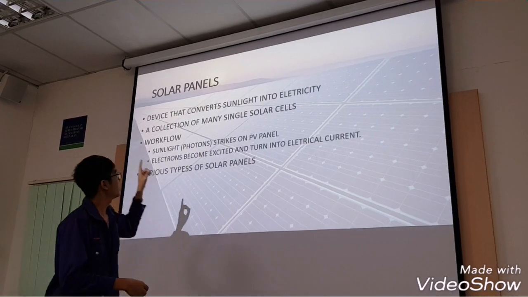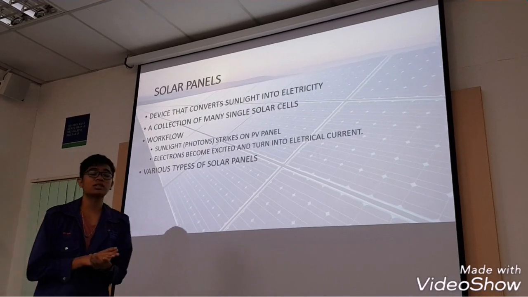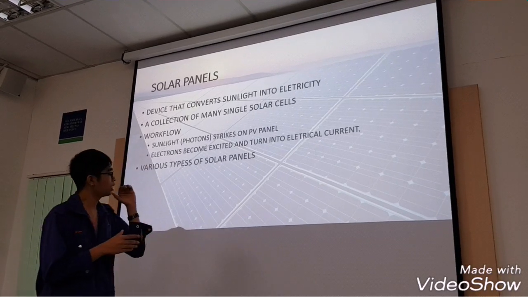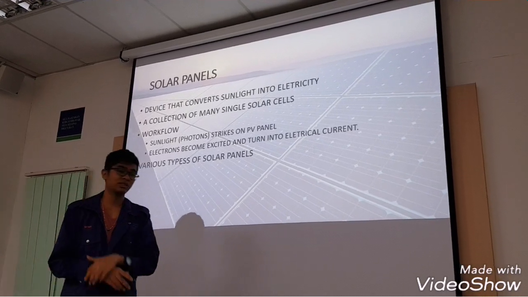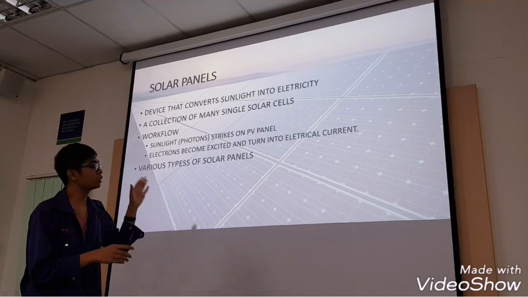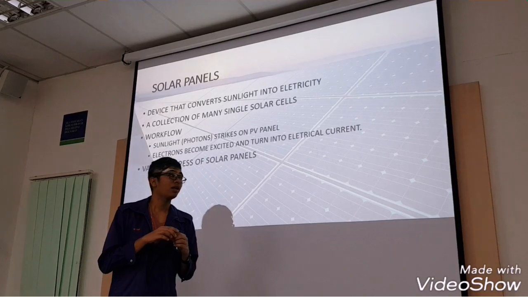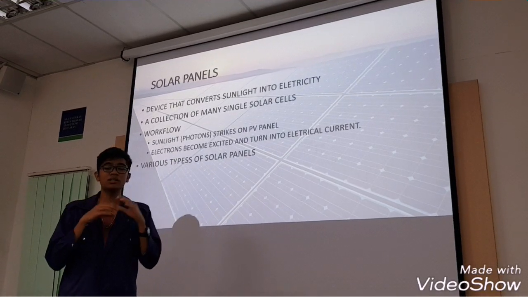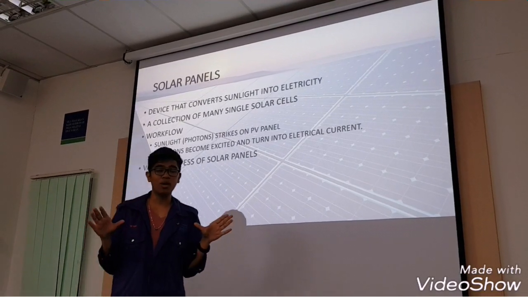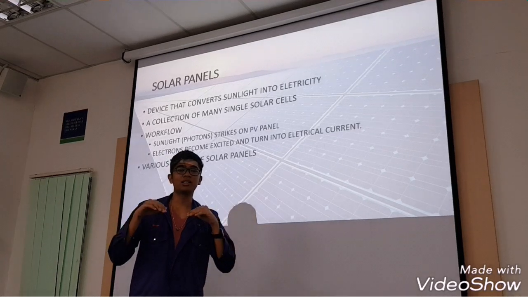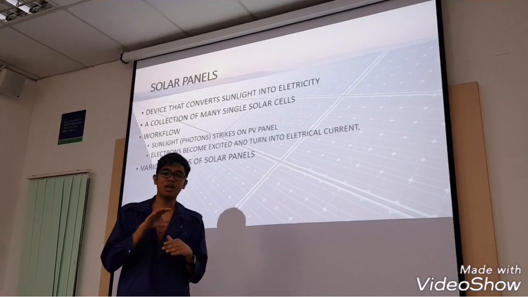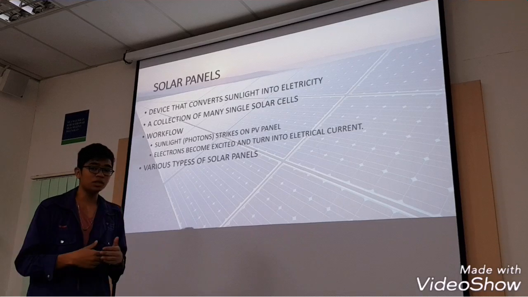Second one, solar panels. A solar panel is a device that converts sunlight into electricity, and it is actually a collection of thousands of solar cells, which spread over a wide area and supply enough useful energy. How does it work?